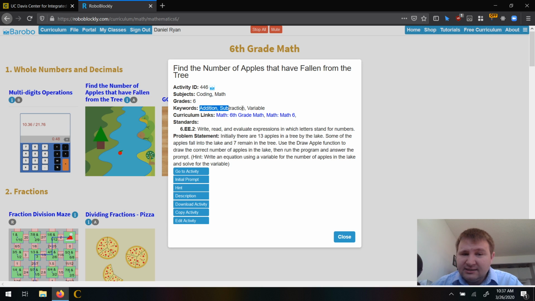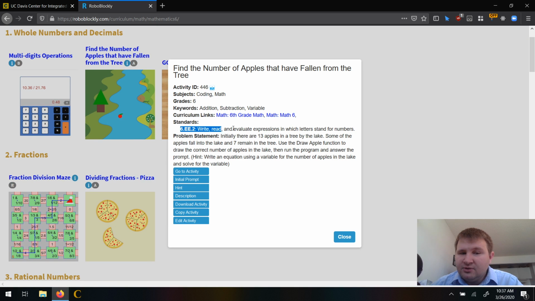It shows the keywords associated with this, so addition, subtraction, and variables, and any curriculum links that this appears in, so we have the 6th grade math curriculum. It also includes the standards that this activity is appropriate for. So this one's good for writing, reading, and evaluating expressions in which letters stand for numbers.